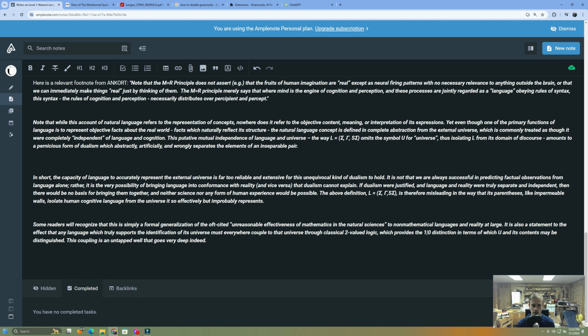It is also a statement to the effect that any language which truly supports the identification of its universe must everywhere couple to that universe through classical two-valued logic, which provides the true-false or 1-0 distinction in terms of which the universe and its contents may be distinguished. This coupling is an untapped well that goes very deep indeed.